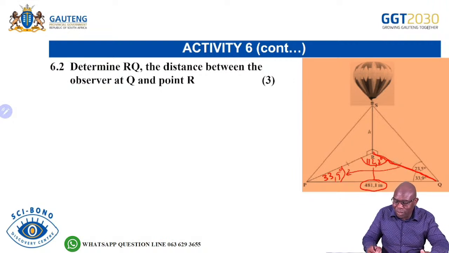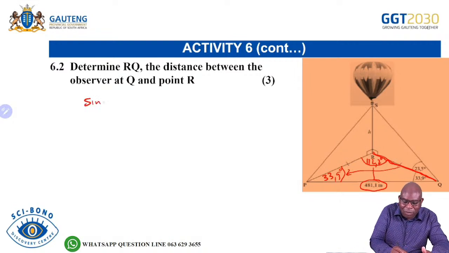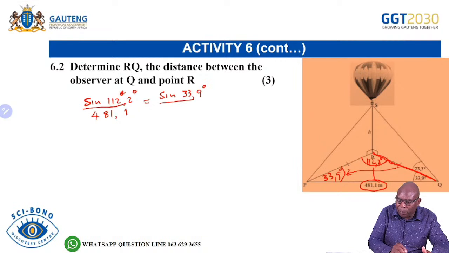So I can be able to use the sine rule here. See, so I can say sine of 112.2 degrees divided by 481.1 equals to the sine of 33.9 degrees divided by RQ.